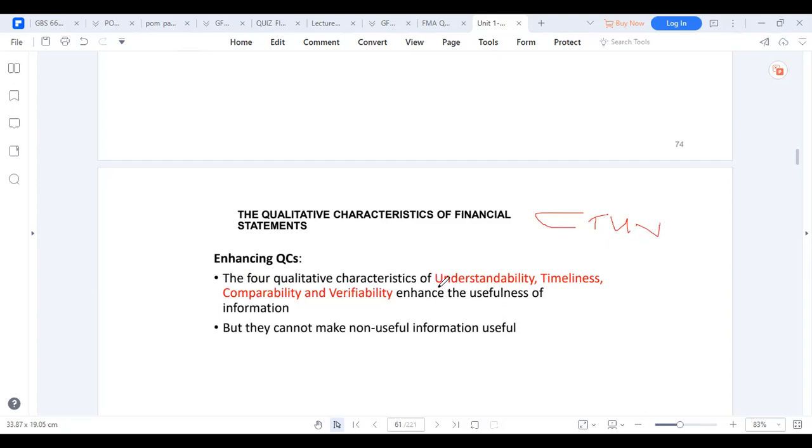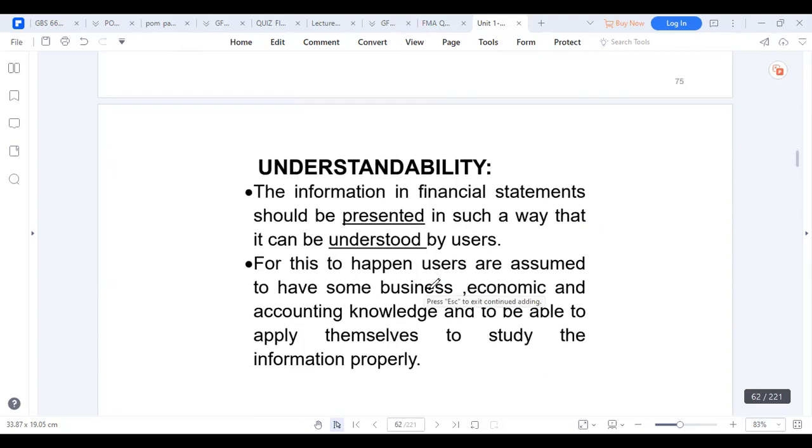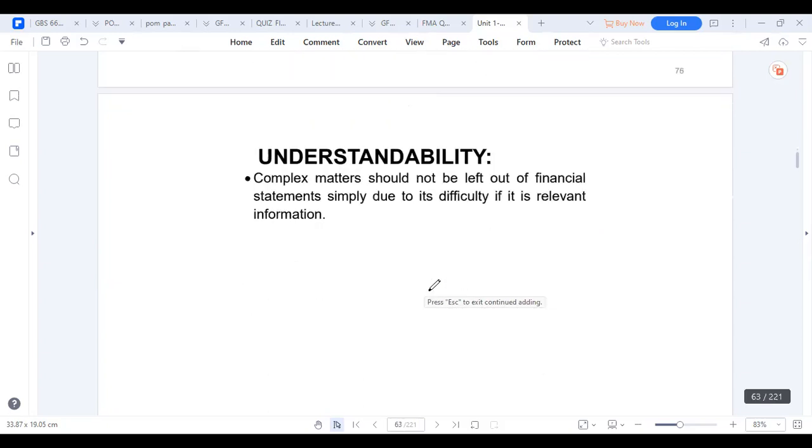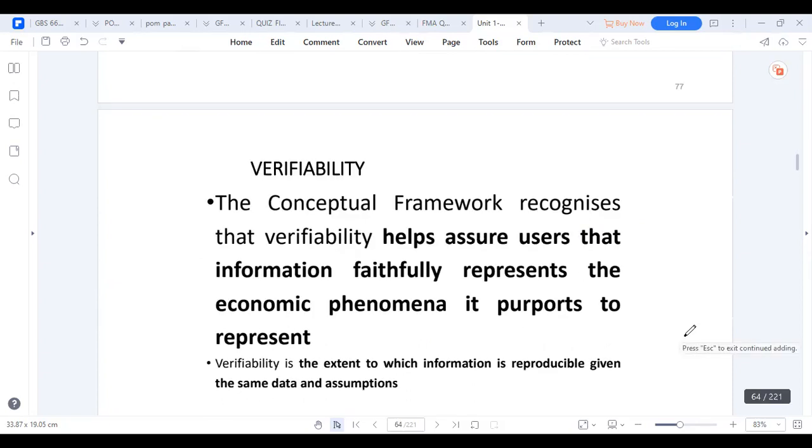So by this, we mean understandability: information must be presented in a way that the layman must understand. When we're talking about complex things that they don't understand, it may not fulfill the enhancing characteristics. Verifiability means the information must be what?